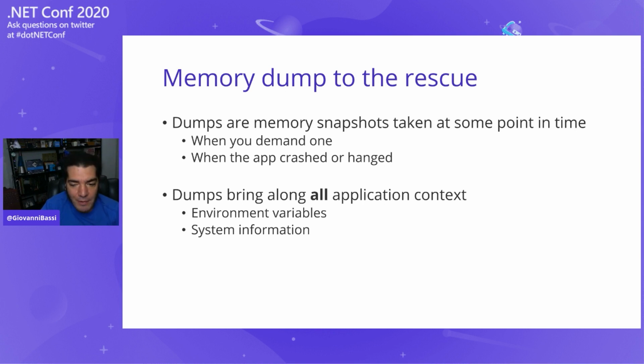It will bring all the application context for you, so environment variables and system information. This is very dangerous because it includes all the application state, including secrets, connection strings, and all the system information that the application was using. So you should be very careful with how you handle this information.